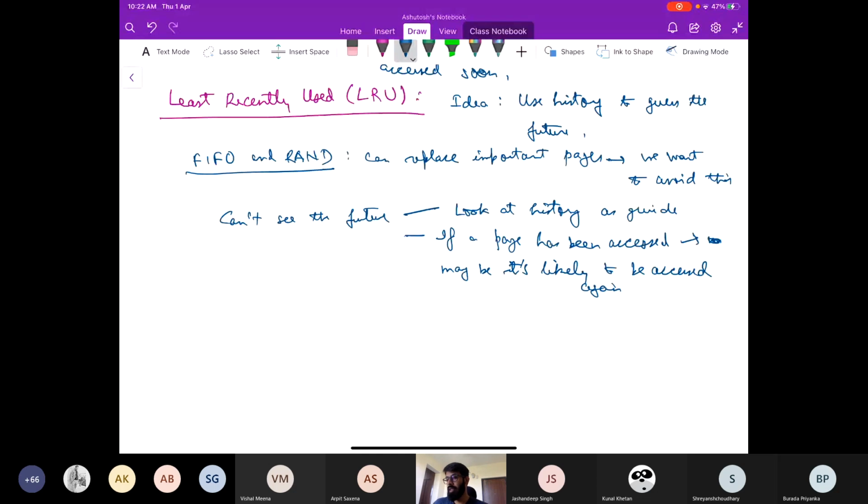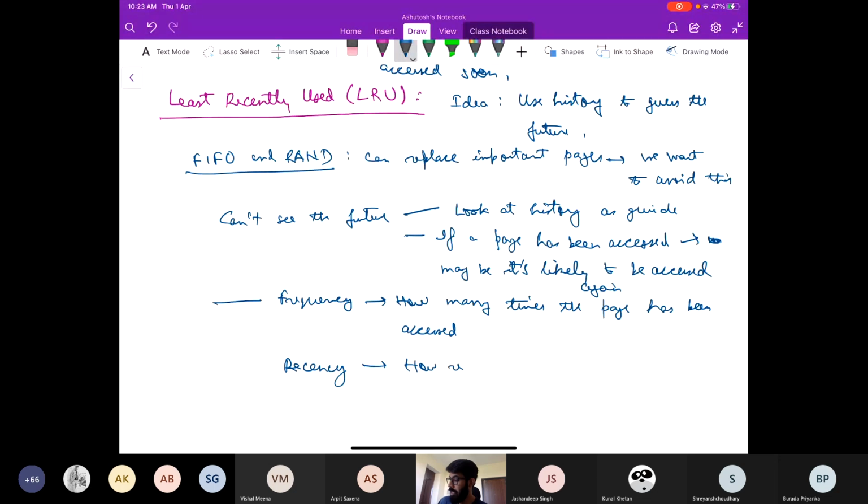Now there are two ways to look at the history. One is frequency, how many times the page has been accessed, and the other one is recency, how recently the page has been accessed.